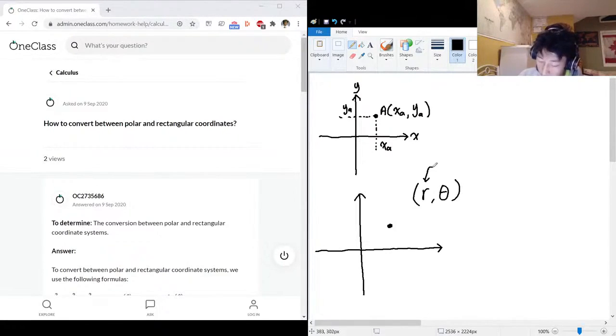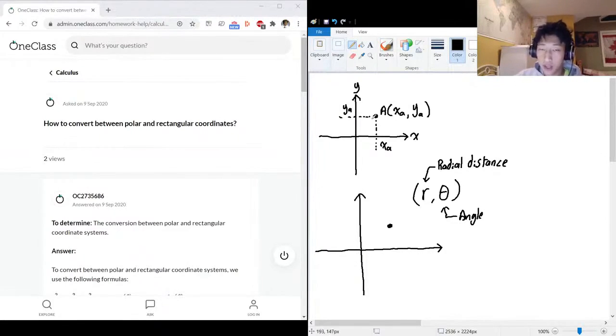The r value corresponds to the radial distance. And the theta value corresponds to angle. And you do need to define our zero angle point. So let's say this horizontal axis here is going to be our zero angle.